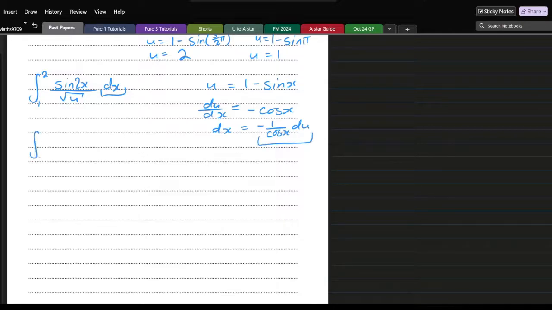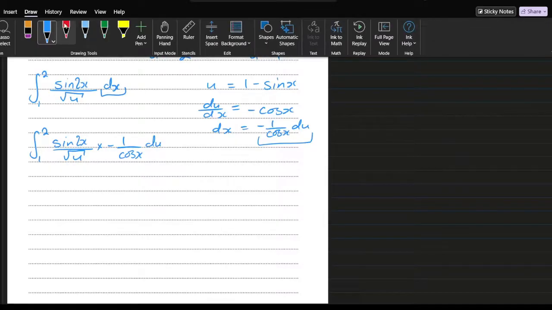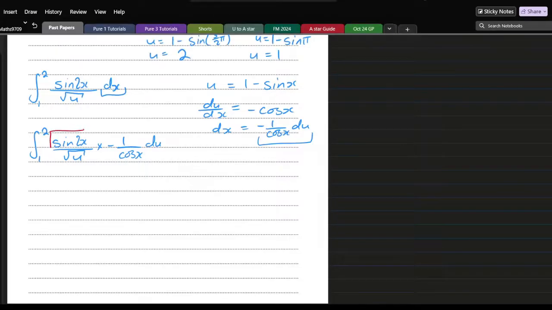So that's the integral from 1 to 2 of sine 2x over root u multiplied by negative 1 over cos x du. And now this step is where you have to be a little bit clever. You're going to convert this using a double angle formula.